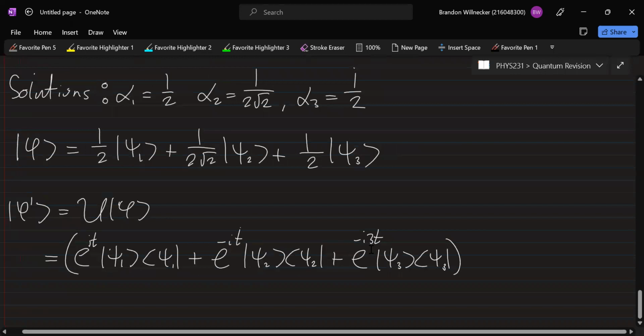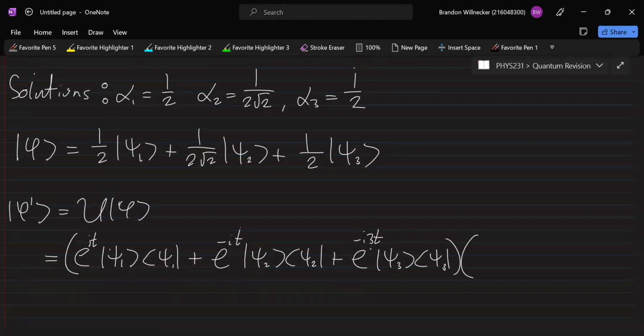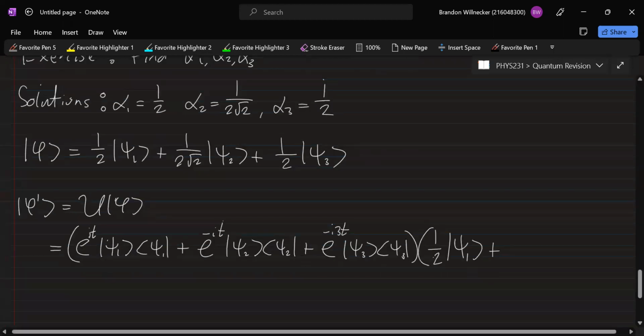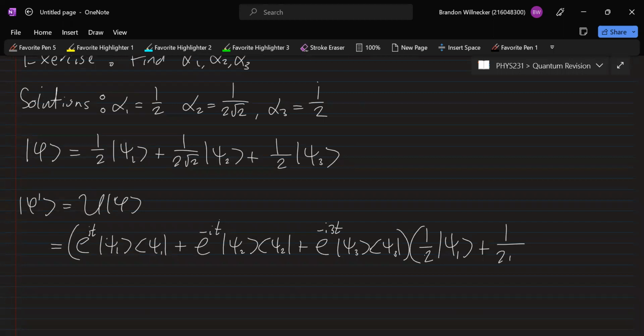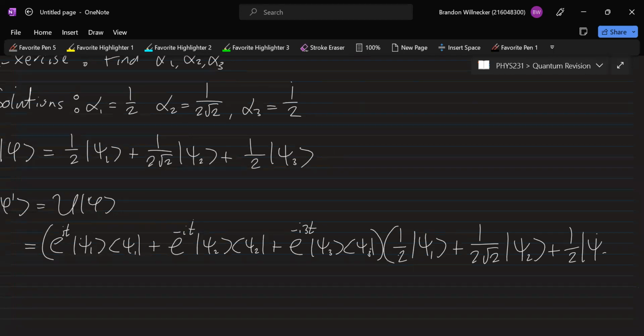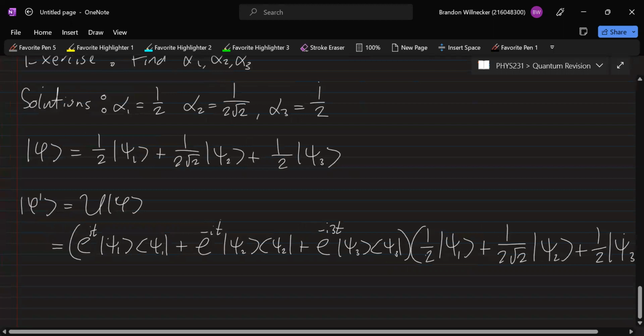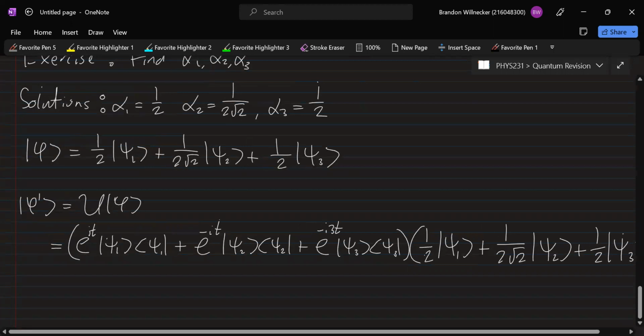Then acting on the state, we can write the state as this linear combination: 1/2 psi 1 plus 1 over 2 root 2 psi 2 plus 1/2 psi 3. And then we can just multiply this through.